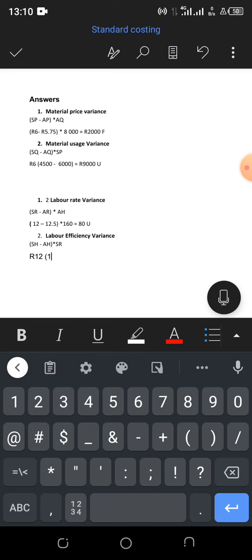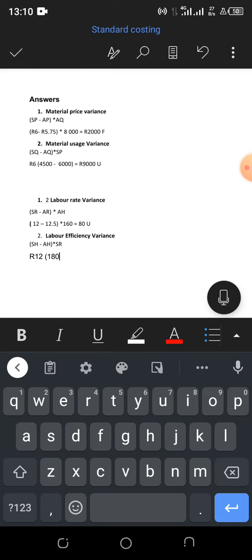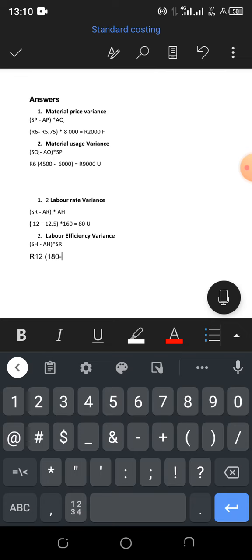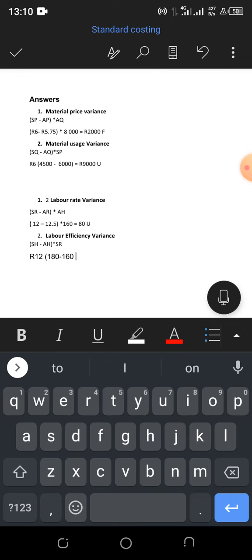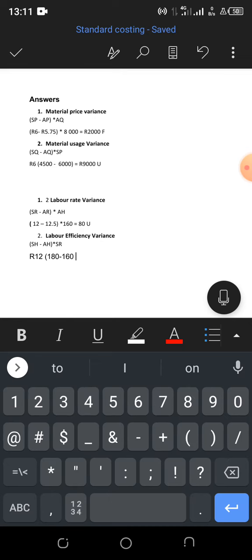Okay, let's start with the 180 that we calculated minus 160. Your difference must make sense. There's no way that you can say the standard rate was 50 rand and the actual rate was 2,000. No, you can't get that kind of difference. Just make sure that your difference makes sense.